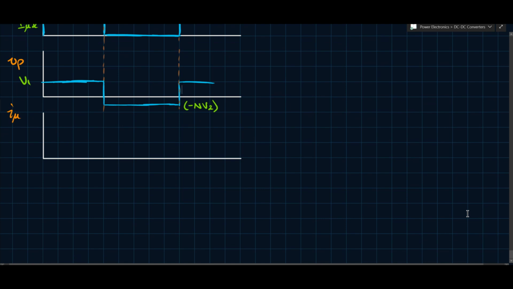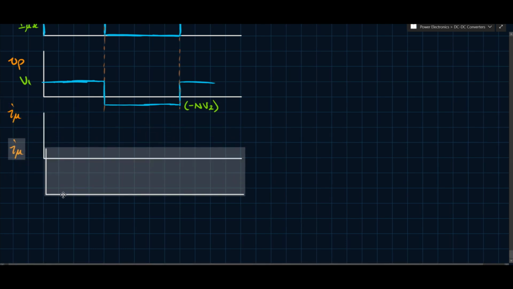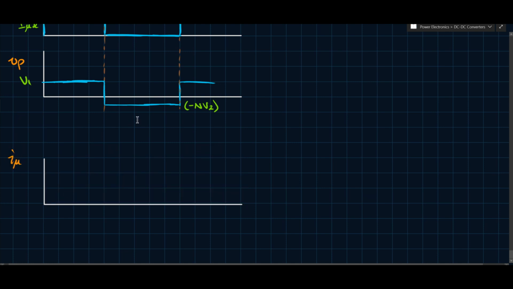And then I guess technically this NV2 should be a little bit larger. It all depends on the turns ratio, and in a case like this it is more accurate, so maybe we should do it like that. So let's move this down, and maybe we can draw it a bit more to scale, so it makes more sense, because N times V2 should be substantial, relatively speaking.